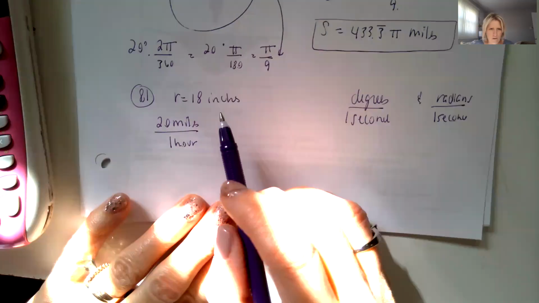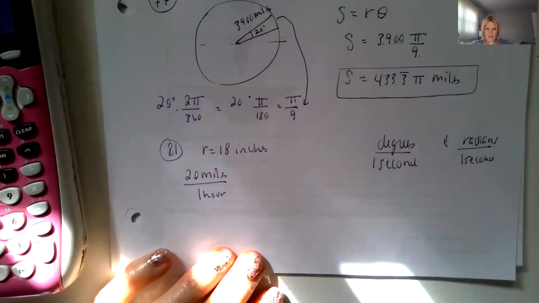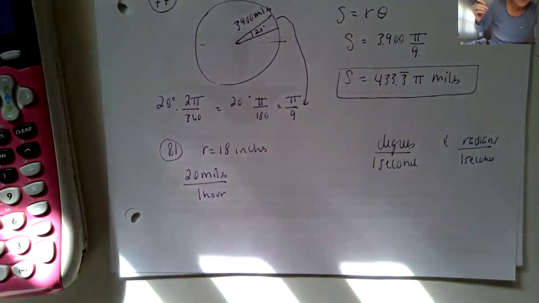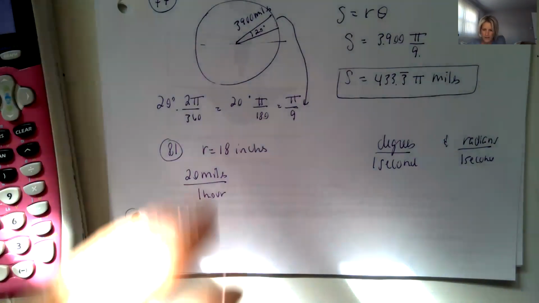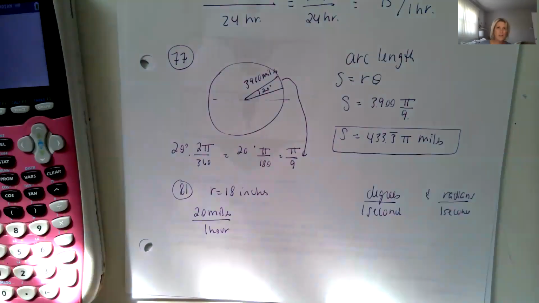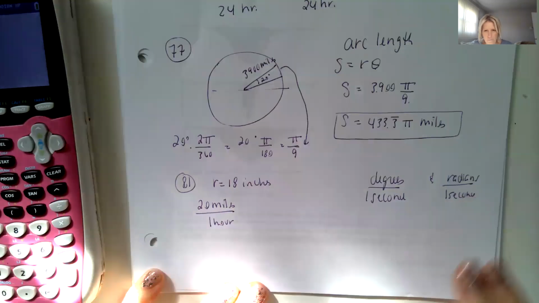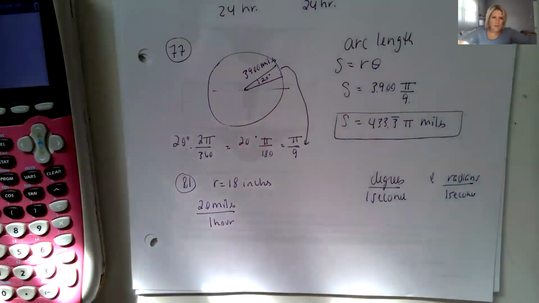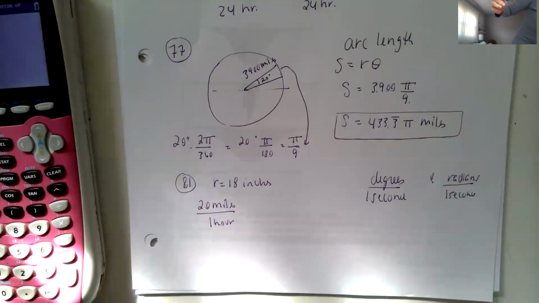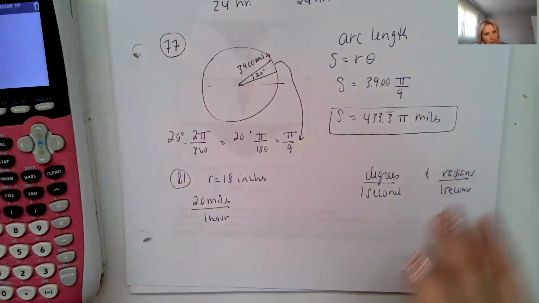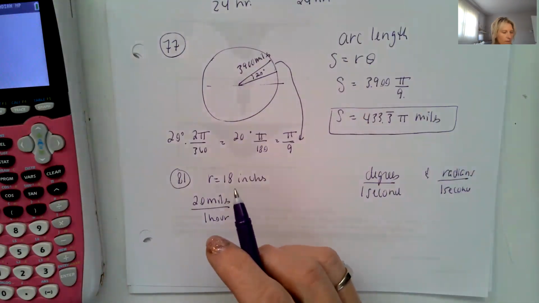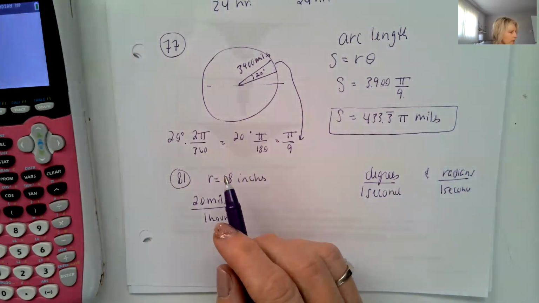I know the bike tire has a radius of 18, and we're traveling 20 miles an hour.